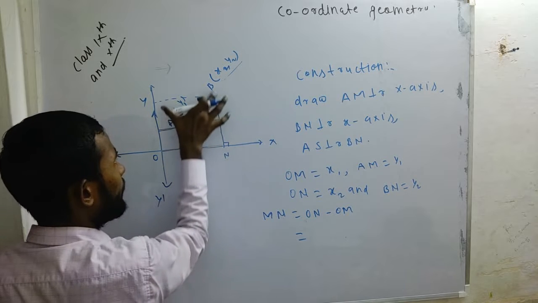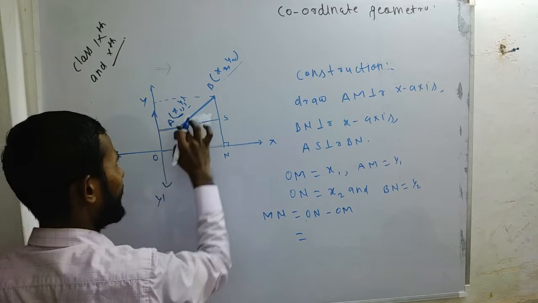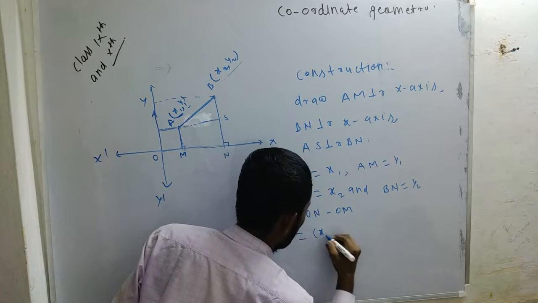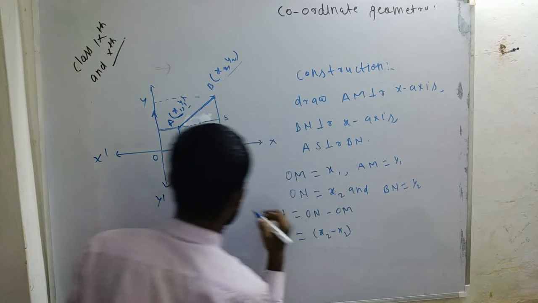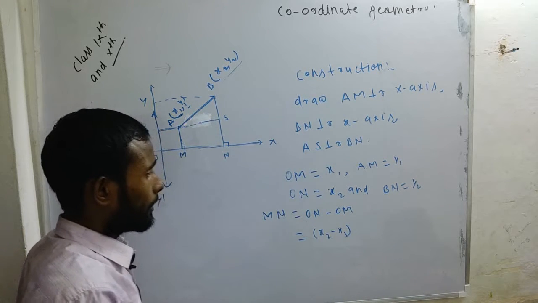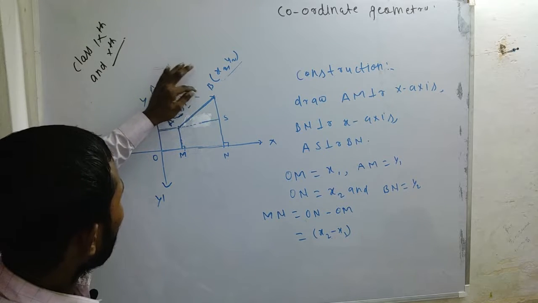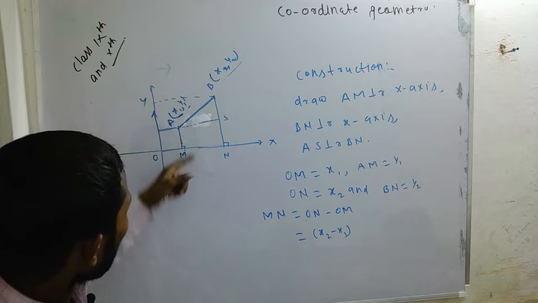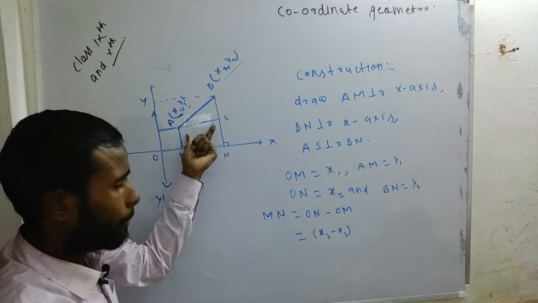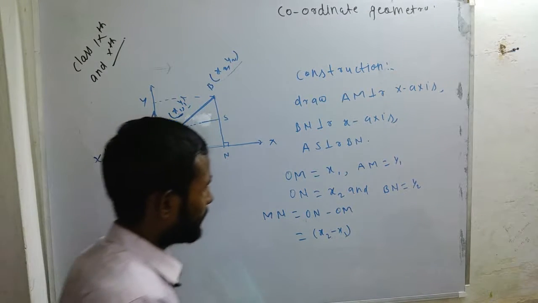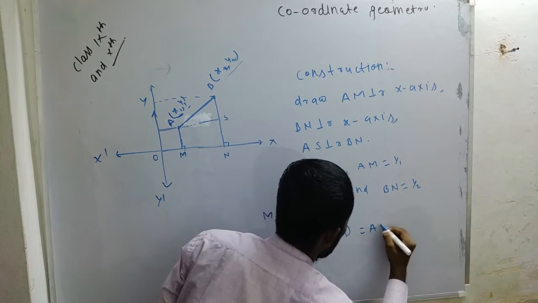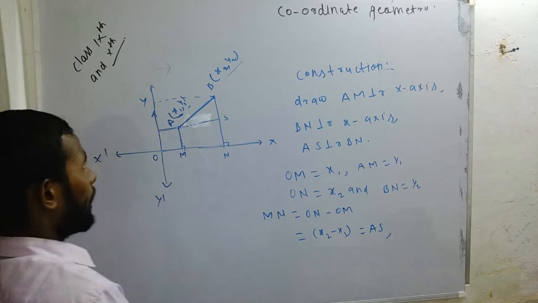ON means x2, while OM means x1. That means x2 minus x1. Now we have to determine the distance. Here we observe that MN is the same as AS. Clear?